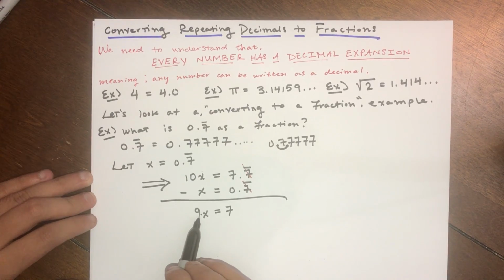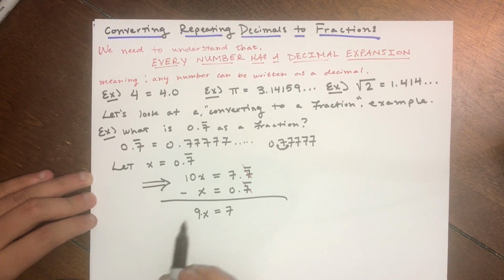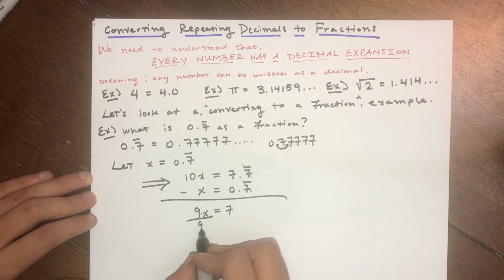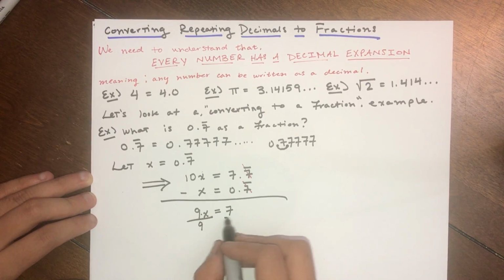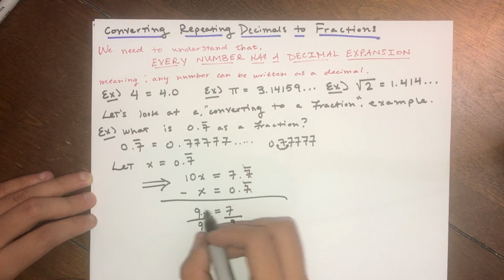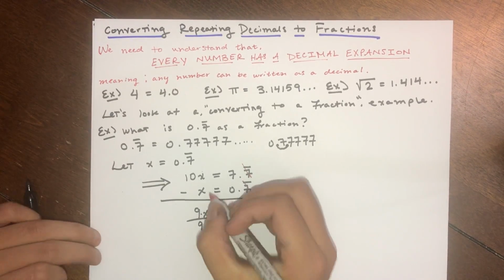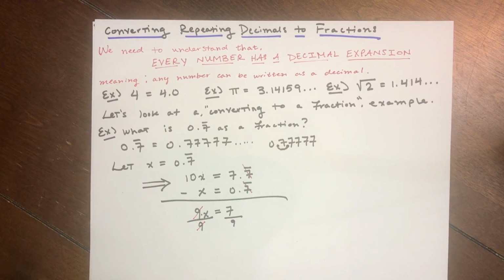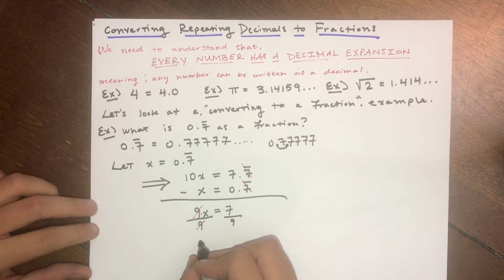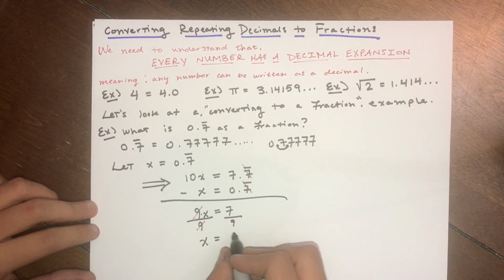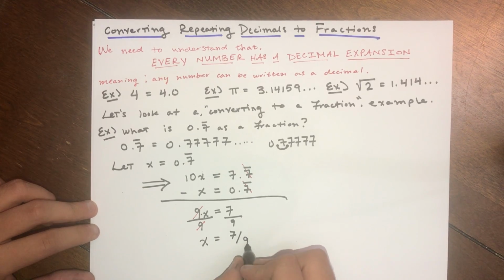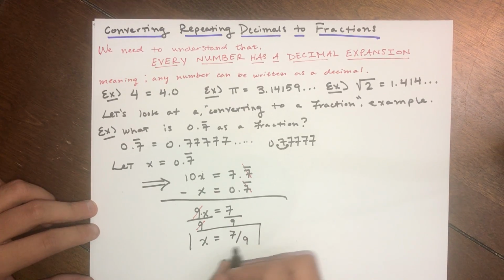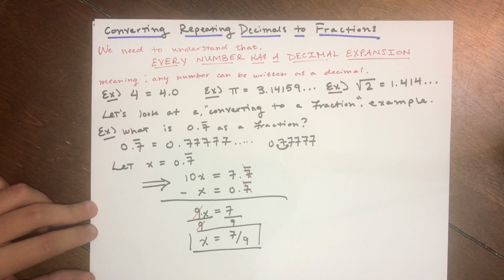Since it's 9 multiplied by x, we do the inverse, which is division, and divide both sides by 9. The 9s on this side cancel out to equal 1x, but we don't need to write the 1, it's assumed to be there. And we just get x equals 7 over 9. That's our answer as a fraction.